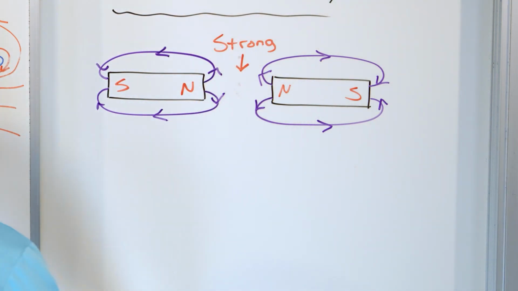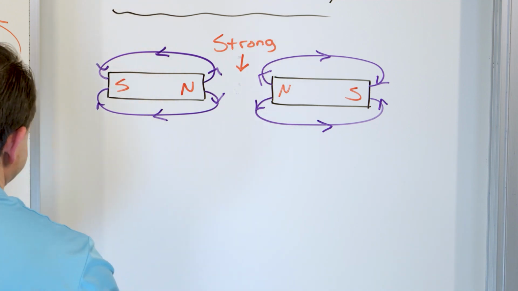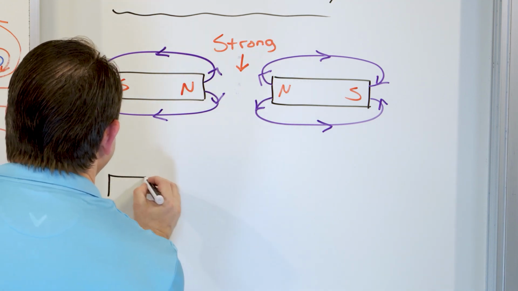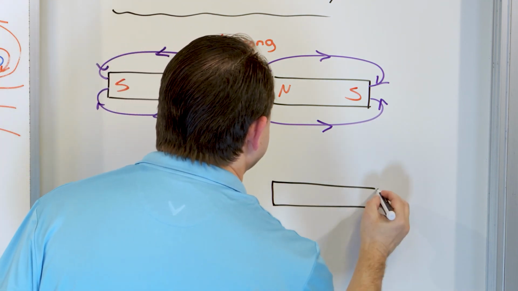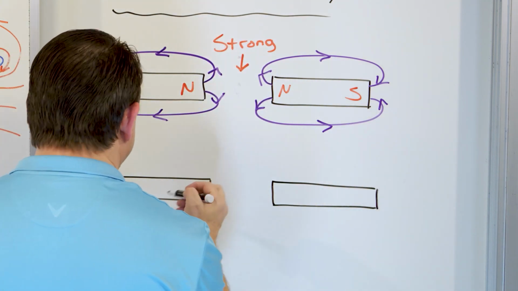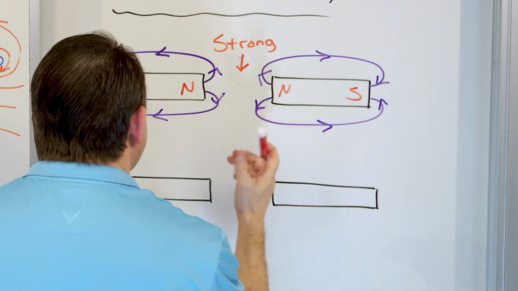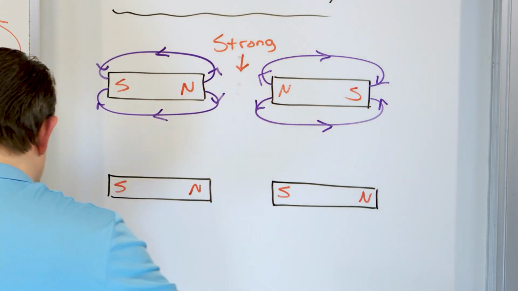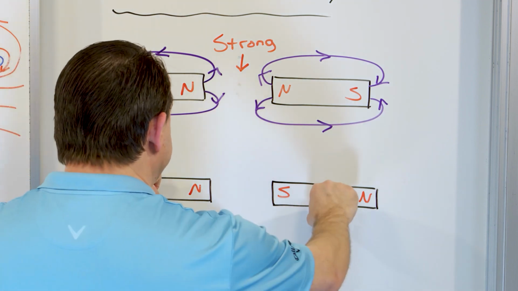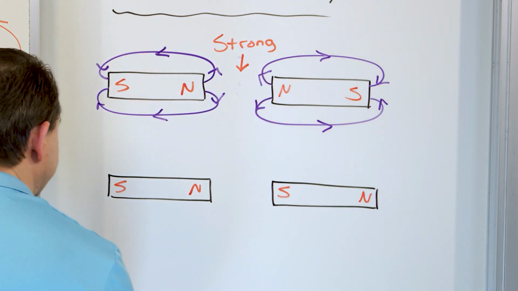Now, let us talk about the opposite situation. Let's talk about the situation where I have two bar magnets, and I put this as the North Pole here, and I put this as the South Pole here. You already know what's going to happen. Opposites attract, so they're going to come together. Let's see if we can understand it.